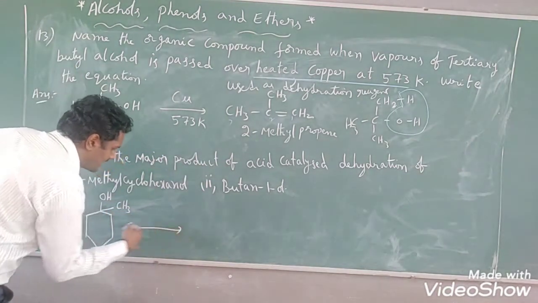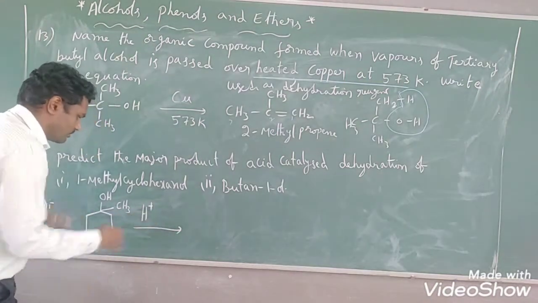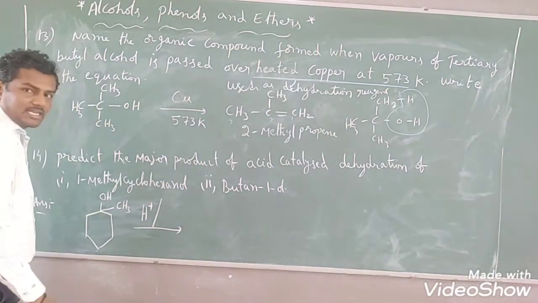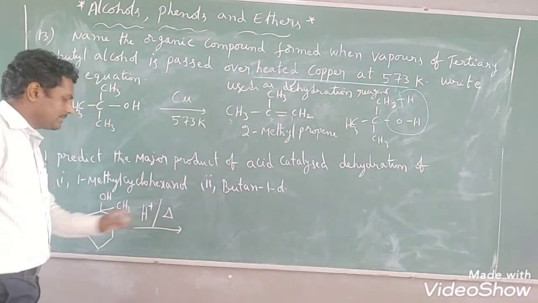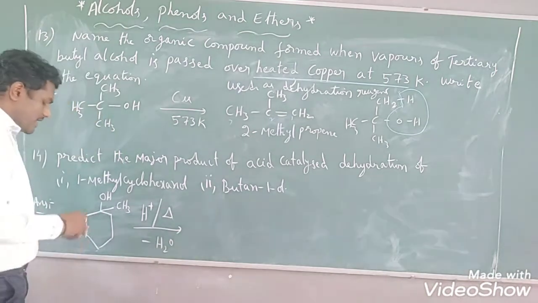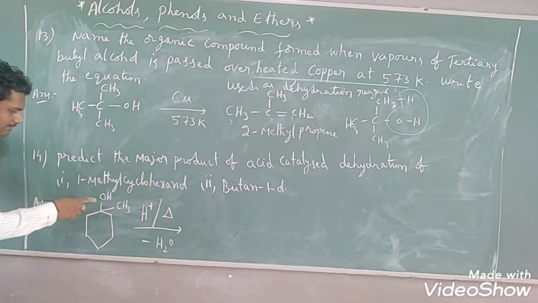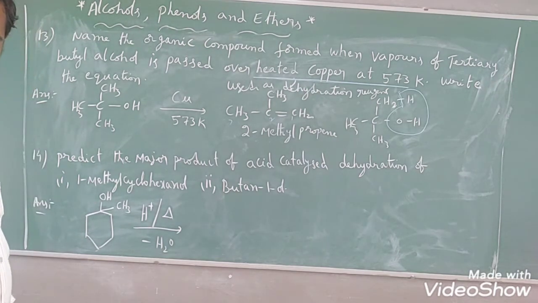Acid catalyzed dehydration means removal of water, so obviously we have to heat the molecule, right? H plus. In presence of acid catalyst means acid acts as a catalyst, that is H plus will act as a catalyst here on heating. Heating symbol is delta. Removal of water molecule is taking place. And how is the removal of water molecule taking place? We know already that here the alcohol group is present.